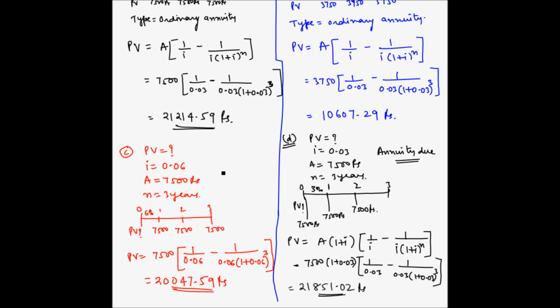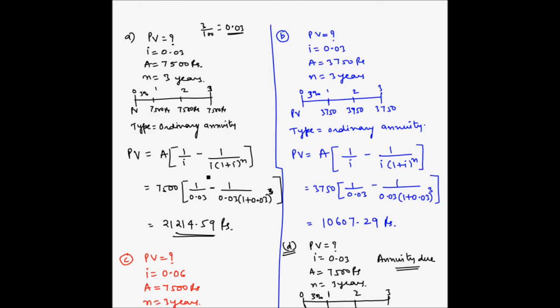So let's quickly analyze these numbers. As we had seen in part A, we have an interest rate of 0.03. The amount we want to withdraw is 7500 rupees at the end of each of the next 3 years.